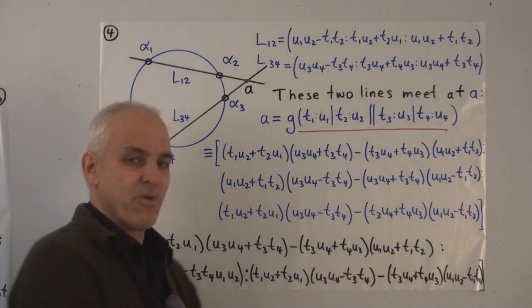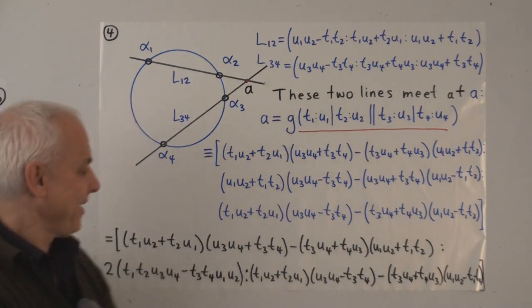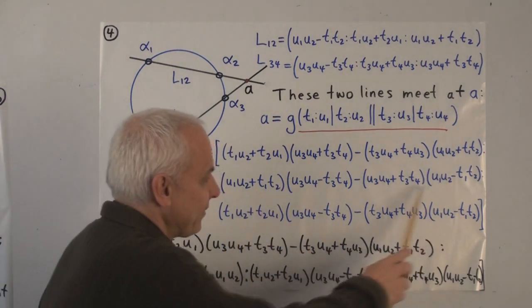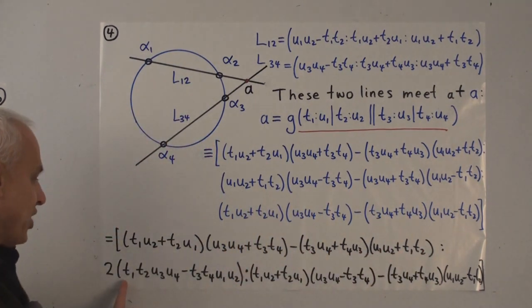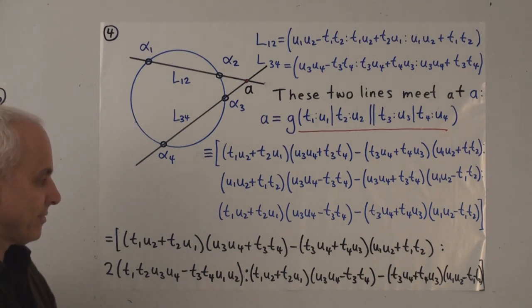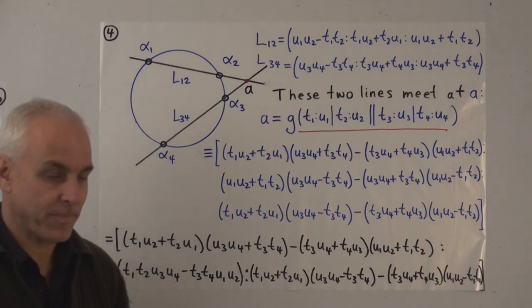However, the second expression, which corresponds to the kind of green geometry, does simplify. You can cancel a few terms there, and you end up with just this relatively simple expression consisting of two terms: 2 times t1 t2 u3 u4 minus t3 t4 u1 u2. So it's a bit of a simplification, only in the middle term.